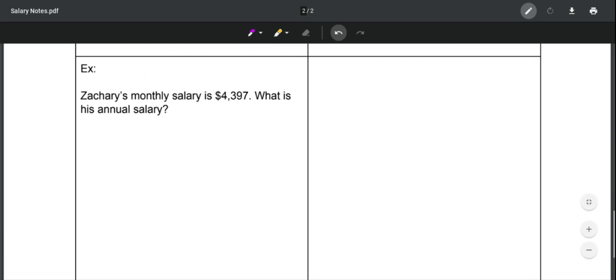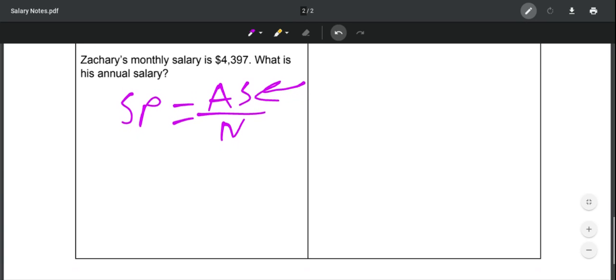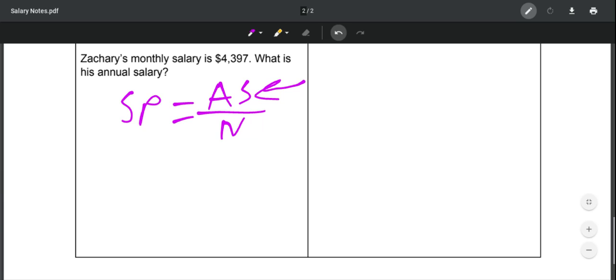Now we're going to look at an example where it gives you the pay period, and you've got to find the annual salary. Salary per pay period equals our annual salary over the number of periods. It says Zachary's monthly salary is $4,397. What is the annual salary? In this instance, we're looking for AS.